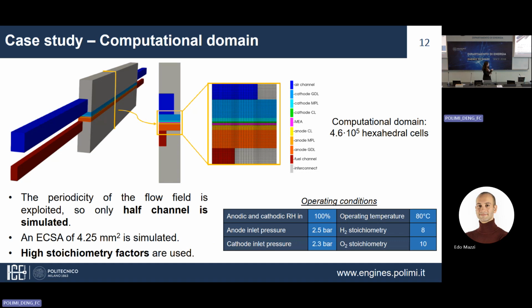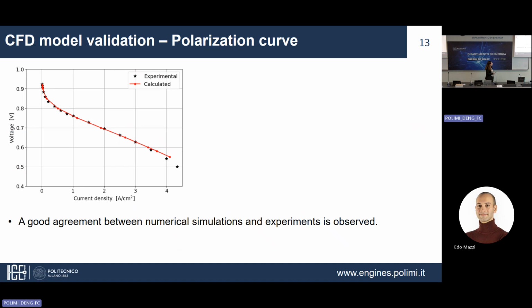This fuel cell has been tested in these operative conditions, with high humidity ratios and high pressures at both the anode and the cathode side. And in this slide, you can see the polarization curve of the fuel cell, so it's the curve of performances of the component.